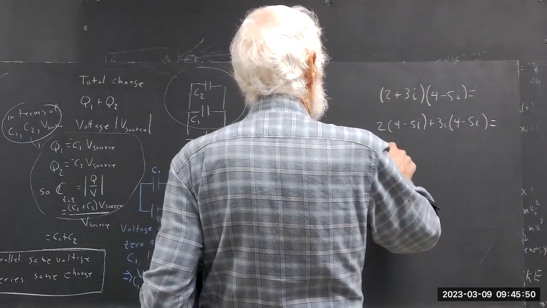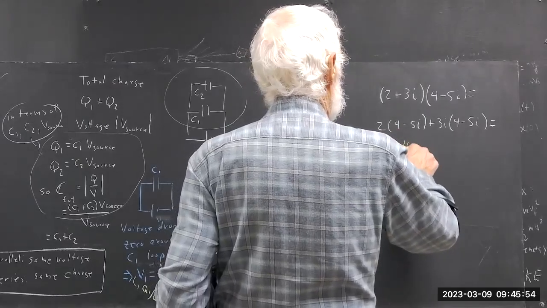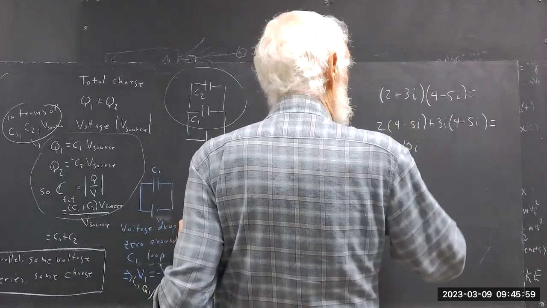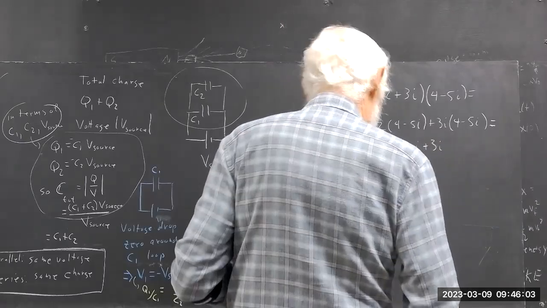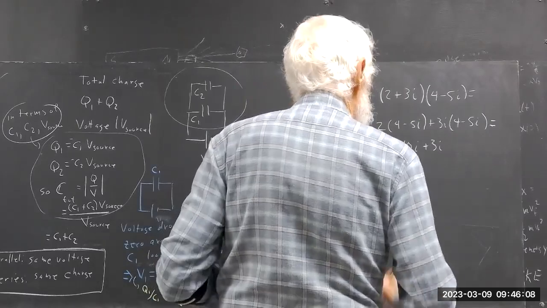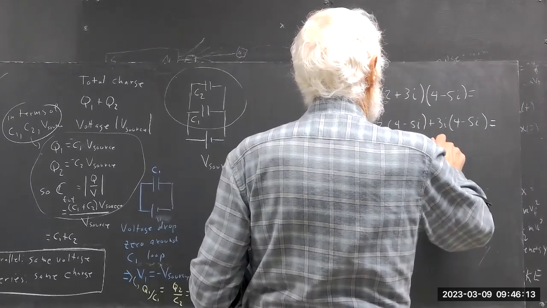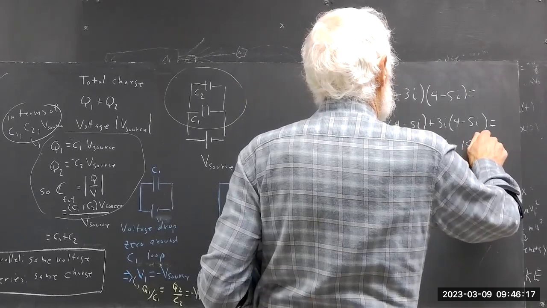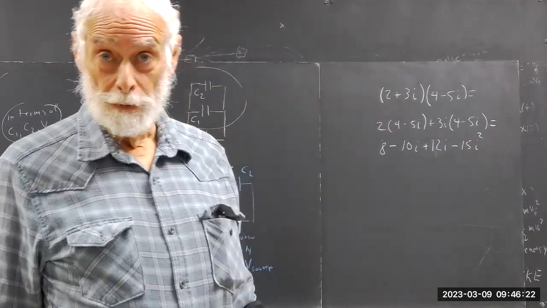And then, well, we know we can multiply this. 2 times 4 is 8. 2 times minus 5i is minus 10i. There's an i there. See what that means in a minute. Then 3i times 4 is 12i, and 3i times minus 5i is minus 15i squared, right?